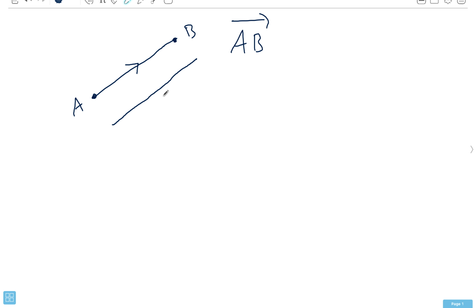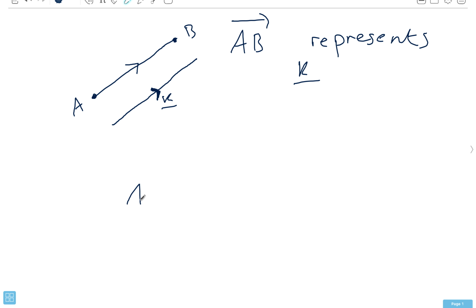Now, bound vectors can represent free vectors. So if I draw the bound vector AB, and if I draw the free vector K, this bound vector is in the same direction as K, it has the same length as K, and so we can say that AB represents K. Normally I wouldn't write out the free vector like this.